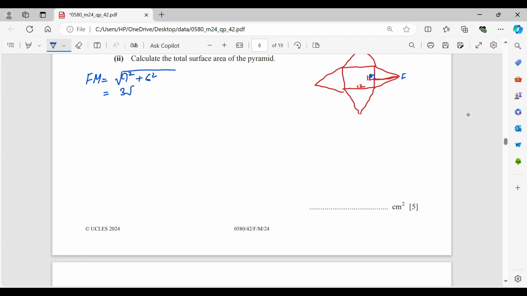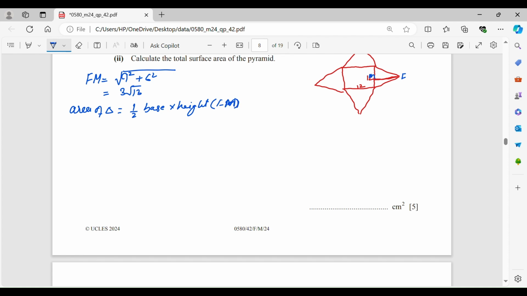Root 13. Now the area of a triangle will be equal to half base into height, which is FM. And we know we have 4 triangles.